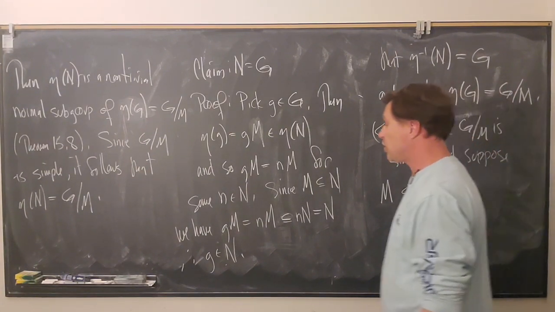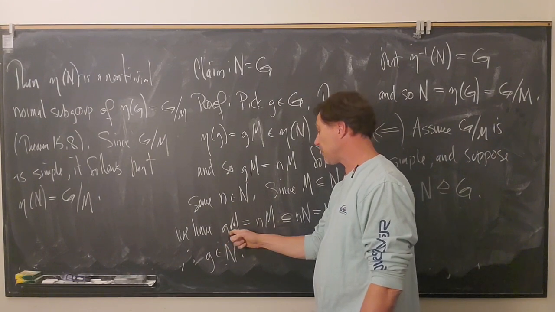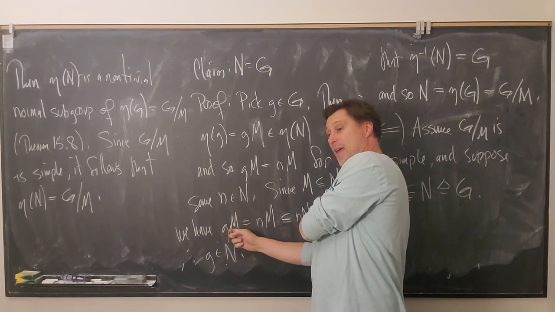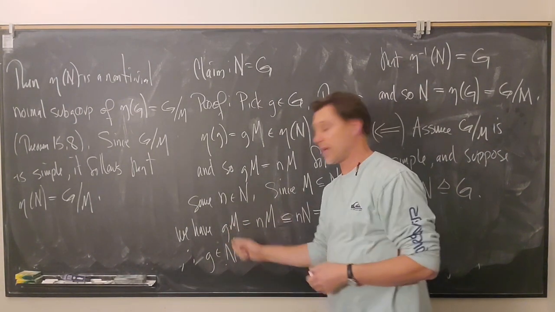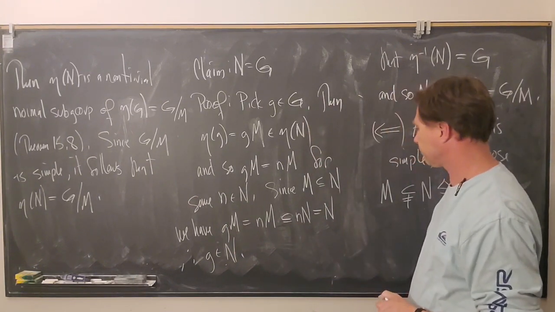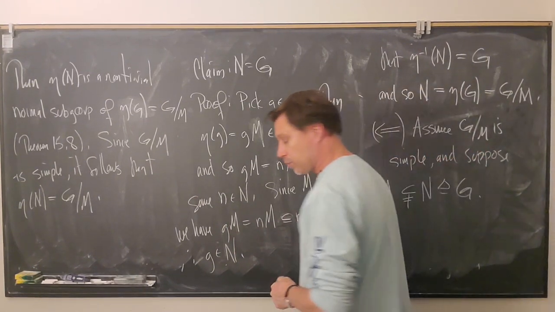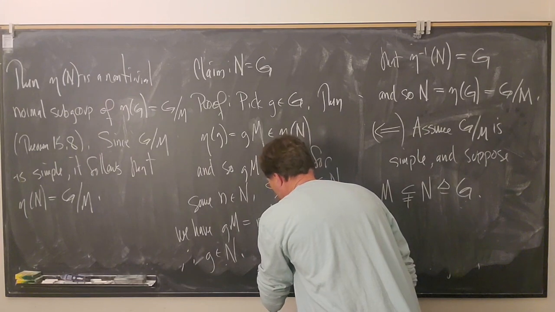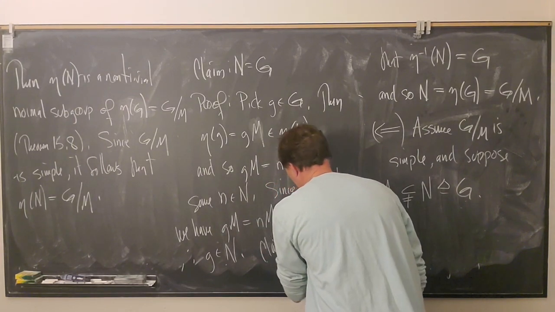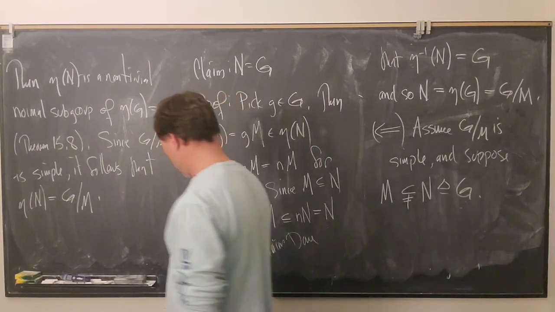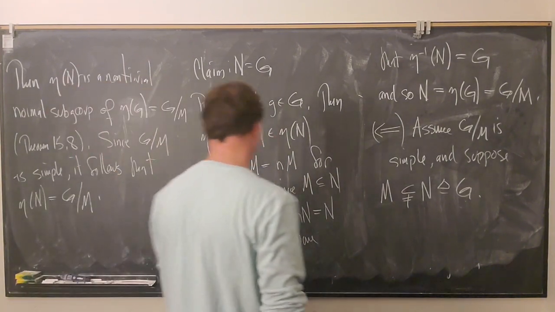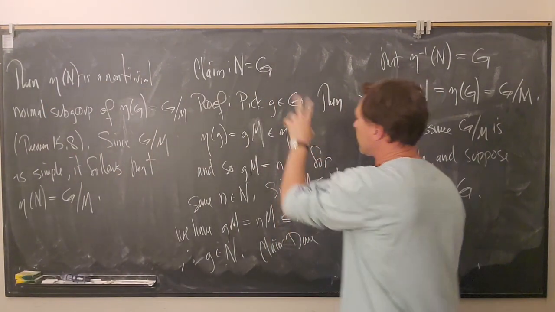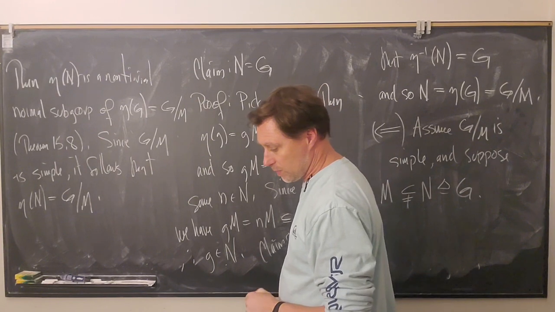We have g times something in N lives in N. That means that g has to live inside N also. Okay, so that's the end of the claim. Claim done. And what does that tell us? It tells us that N is equal to G, and that's what we needed.